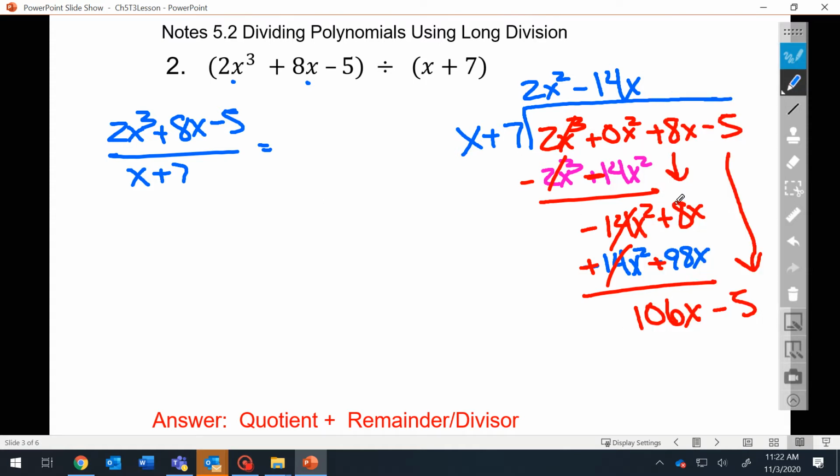So x goes into 106x 106 times. So we got 106x, x times 106, and then 7 times 106 is 742.